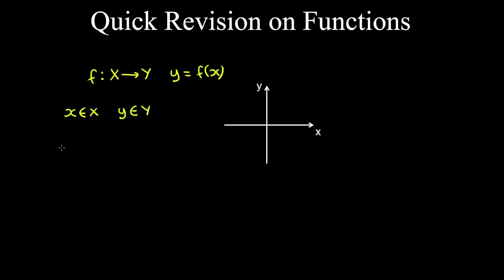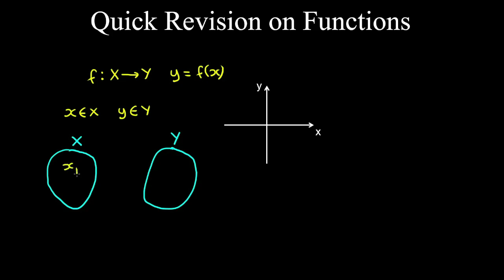So we can view it as a mapping from a set X to a set Y. So for example, if we have some element in set X, that gets mapped to an element y1.